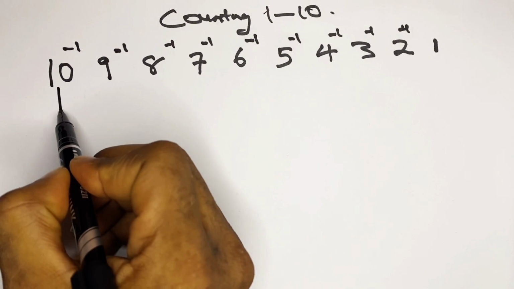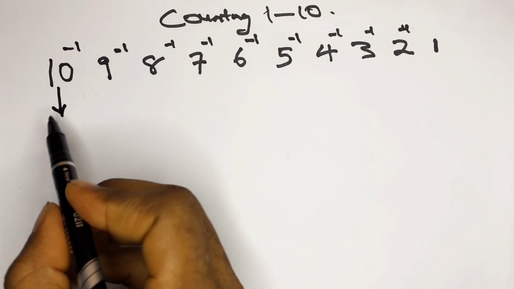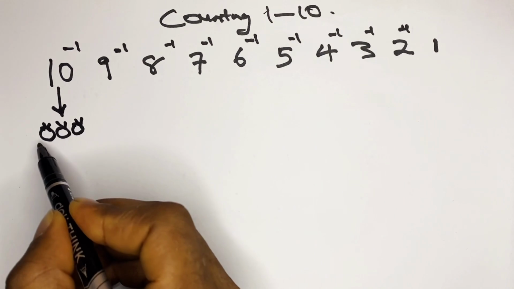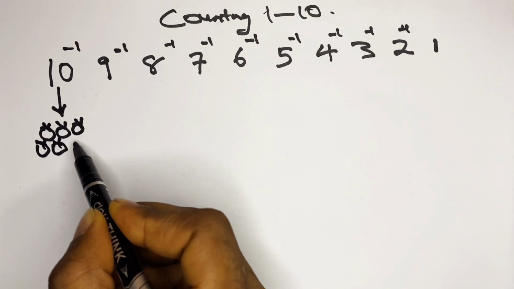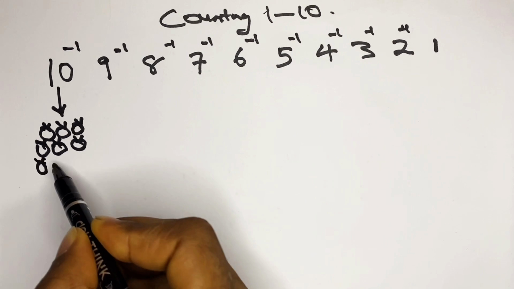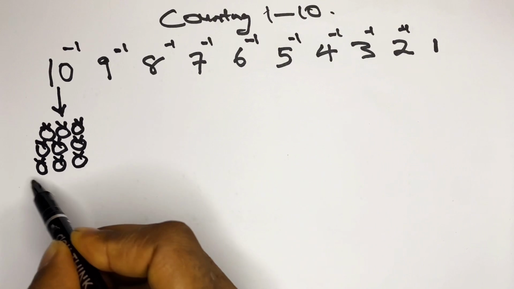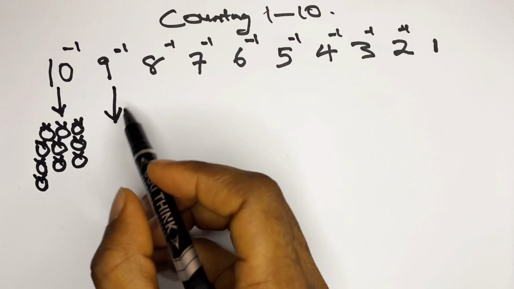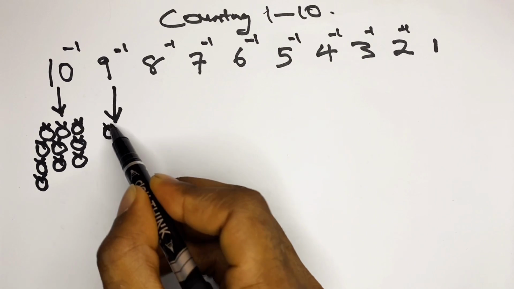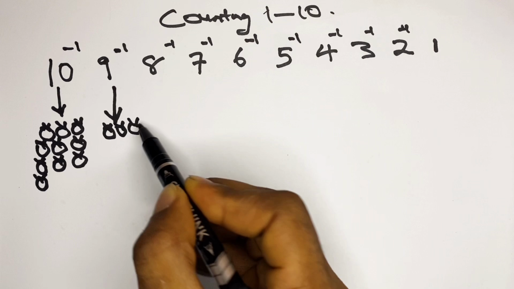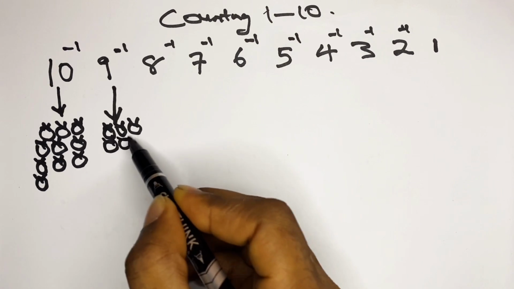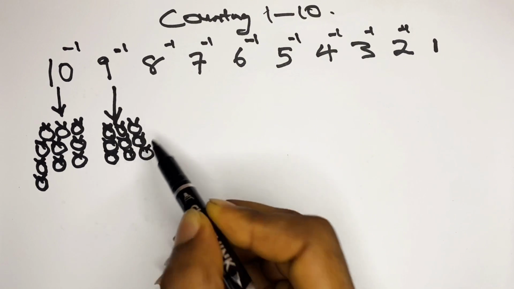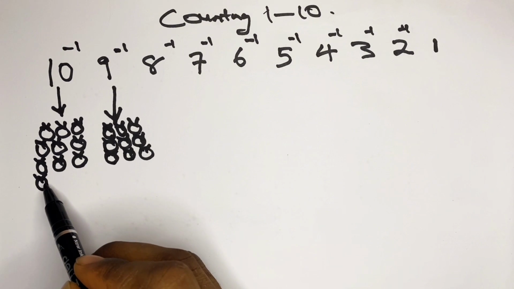So 10 tells us that there are how many quantity here? 1, 2, 3, 4, 5, 6, 7, 8, 9, 10. 9 tells us that there are how many quantity here? 1, 2, 3, 4, 5, 6, 7, 8, 9. 1 has been subtracted.